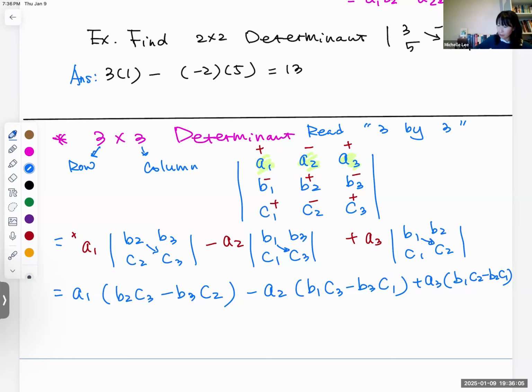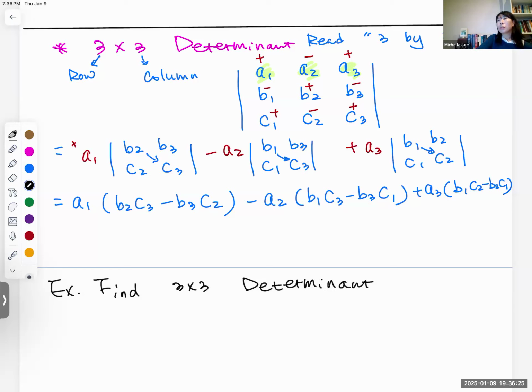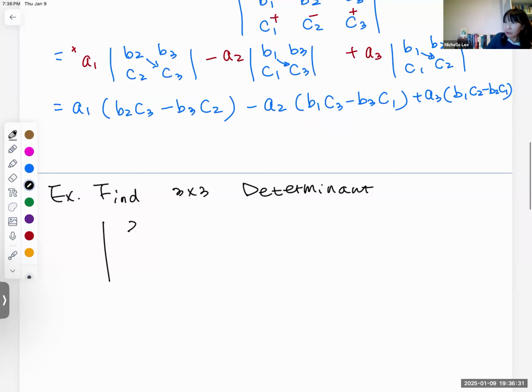Okay, let's find the 3 by 3 determinant. So that will be 2, 5, negative 1, negative 1, 1, 3, negative 2, 3, 4. Positive, negative, positive, right?